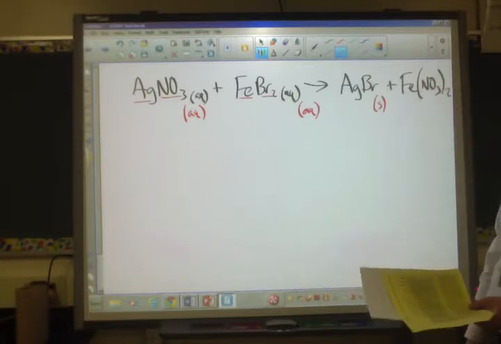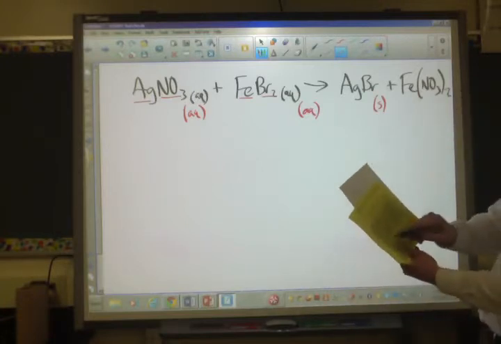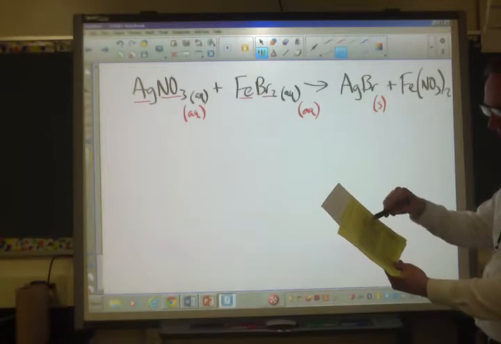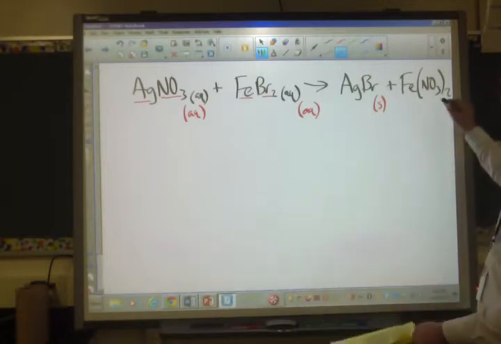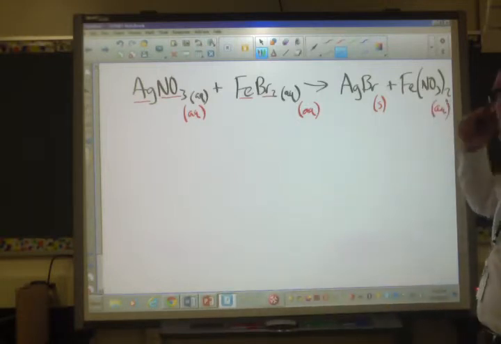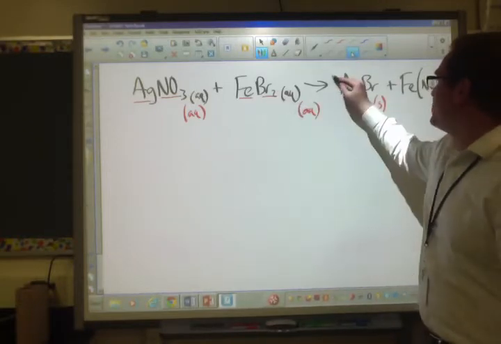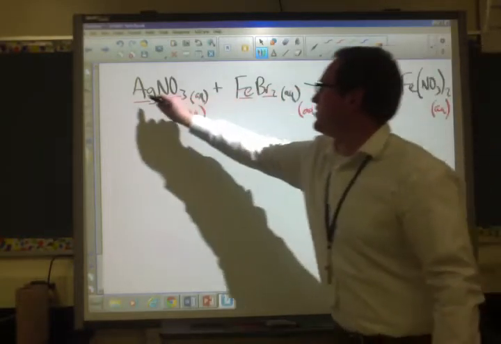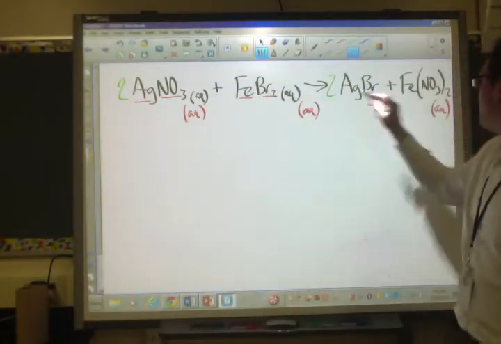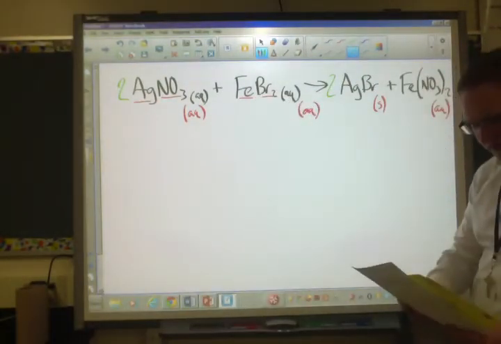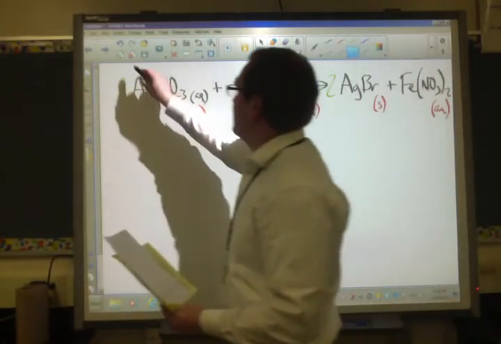Iron 2 nitrate. Remember, you can look all the way across everything with nitrate, aqueous. So this is going to take place. And now I just need to balance it. So I have 2 bromines, 2 silvers, 2 nitrates, 2 nitrates. And it's balanced.